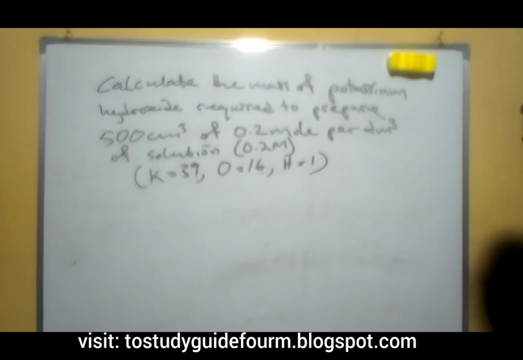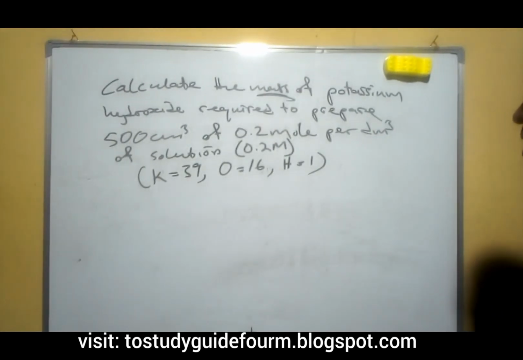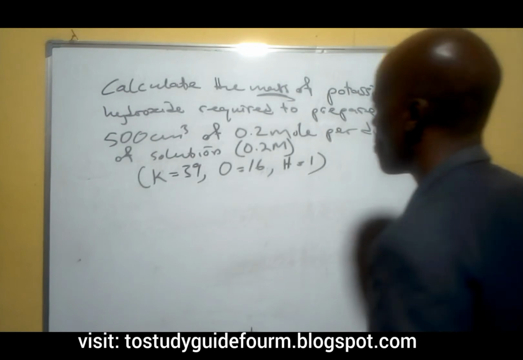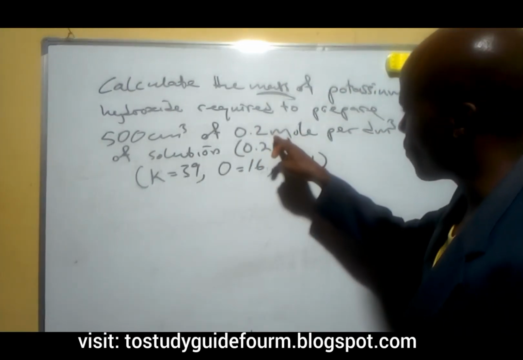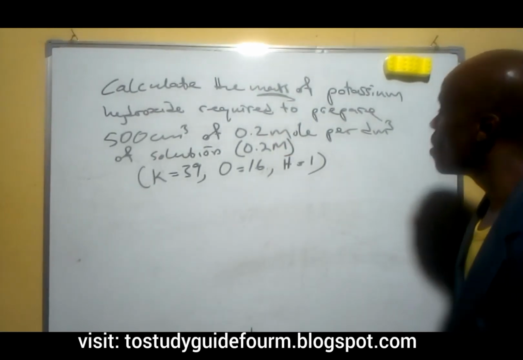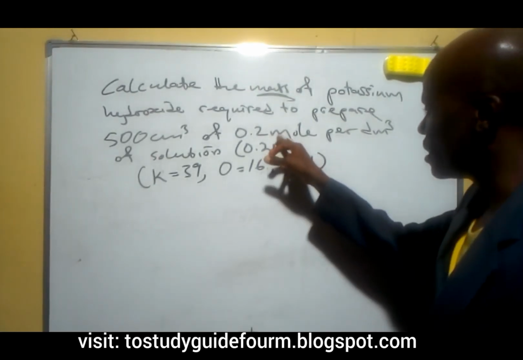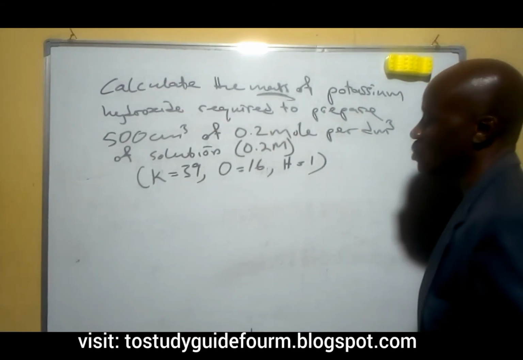So the first thing we're going to find out is the mass. Because we're looking for the mass, we need to find out the mass of the potassium hydroxide that is contained in 0.2 mole.